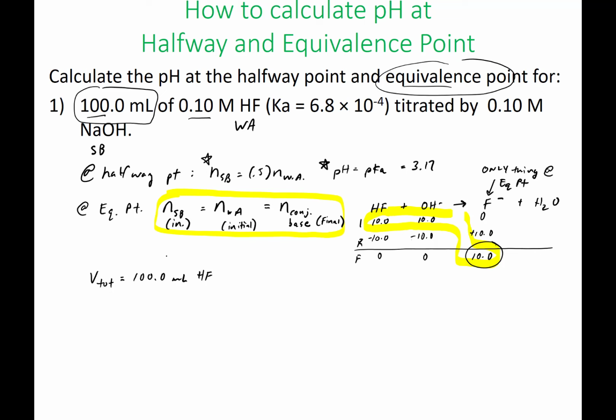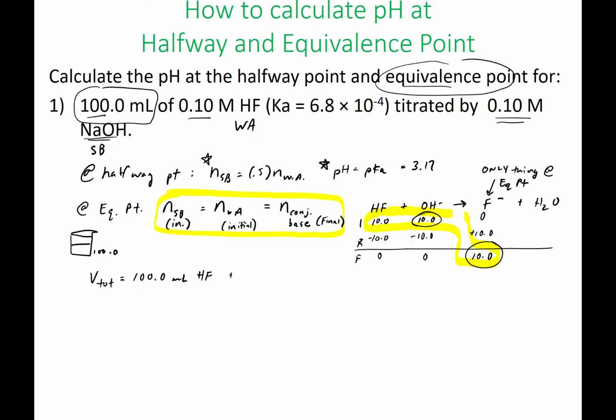So it's going to be 100 that we started with. Okay, so there's 100 in there. And then if the base is equally concentrated, then in order to get 10 millimole for the base, you're also going to need 100 milliliters of that.